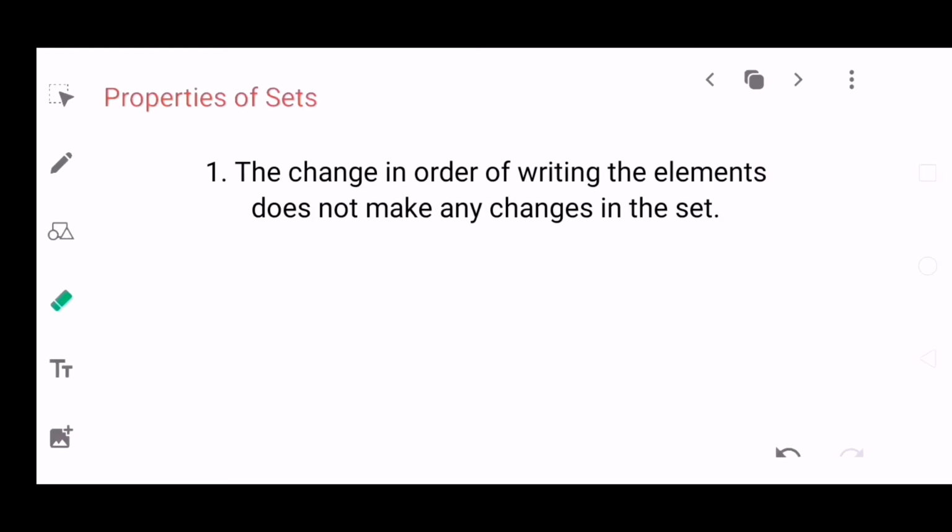This time, let us be familiarized with the properties of sets. Here we have two properties that we need to take note of. The first one says that the change in order of writing the elements does not make any changes in the set. What does it mean? Let's say, for example, we have set A containing 1, 2, 3, and 4.